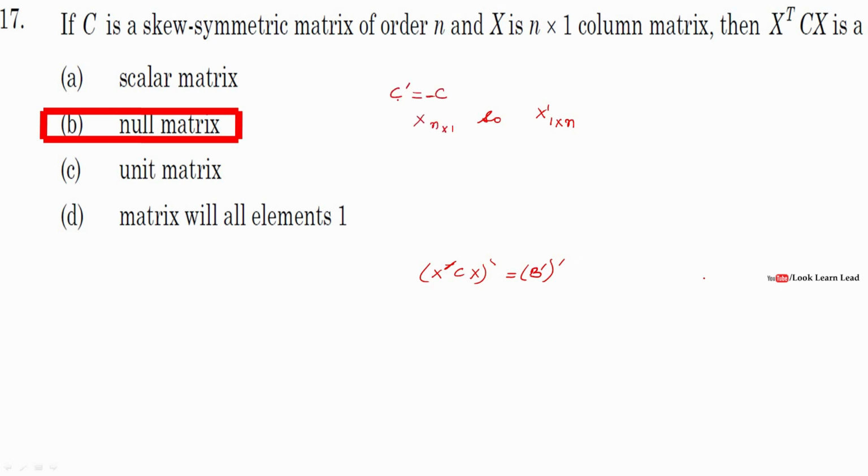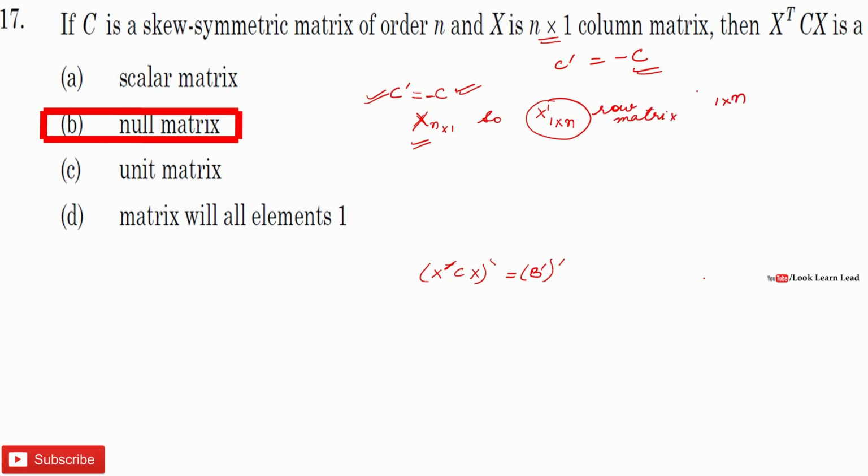If the matrix is skew-symmetric, then C dash is equal to minus C. This is the property of the skew-symmetric matrix, and X is an n cross 1 column matrix. So X dash would be a row matrix of 1 cross n.